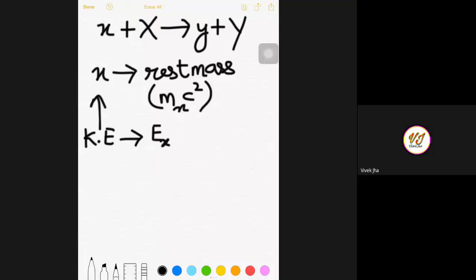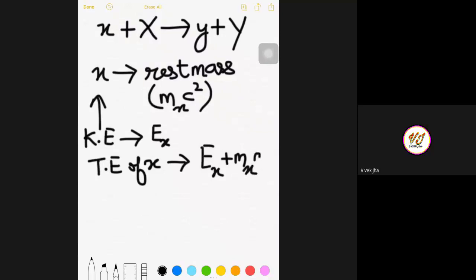So because it is moving, the total energy of x is kinetic energy plus rest mass energy, which is Ex plus mx into c square. Is this understood? Yes, sir.